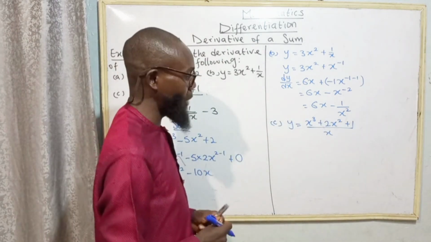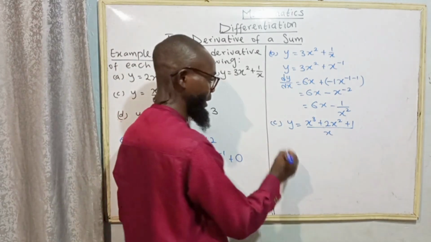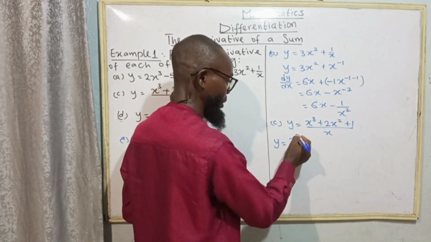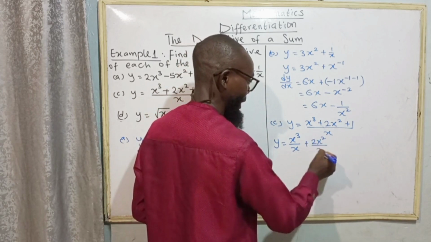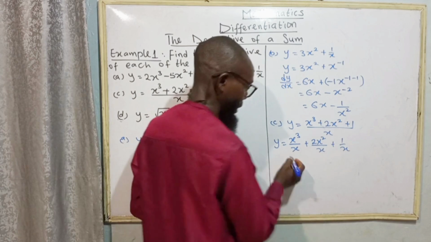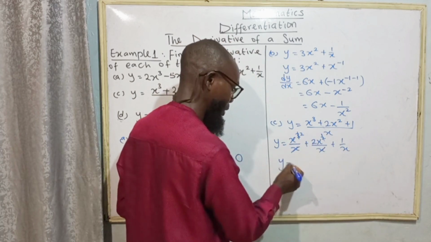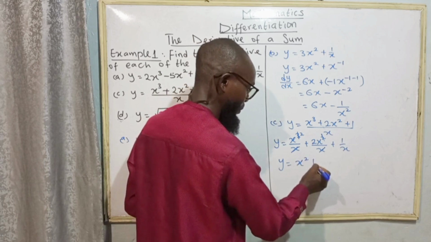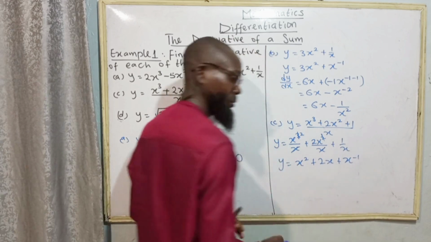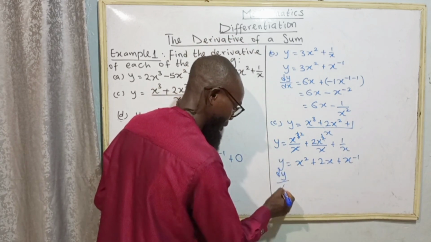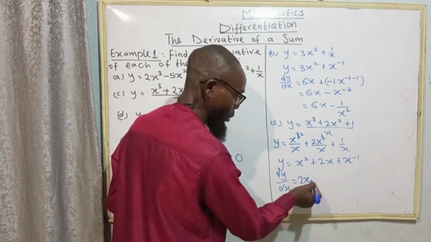Question C. y equals x cubed plus 2x squared plus 1, all divided by x. This can be written as y equals x cubed divided by x plus 2x squared divided by x plus 1 over x. x cancels 1 here, we have 2x. So y will equal x squared plus 2x, then plus, change this one, we have x to the power minus 1. So dy/dx here will equal 2 multiplied by 1, we have 2x, 2 minus 1, we have 1.